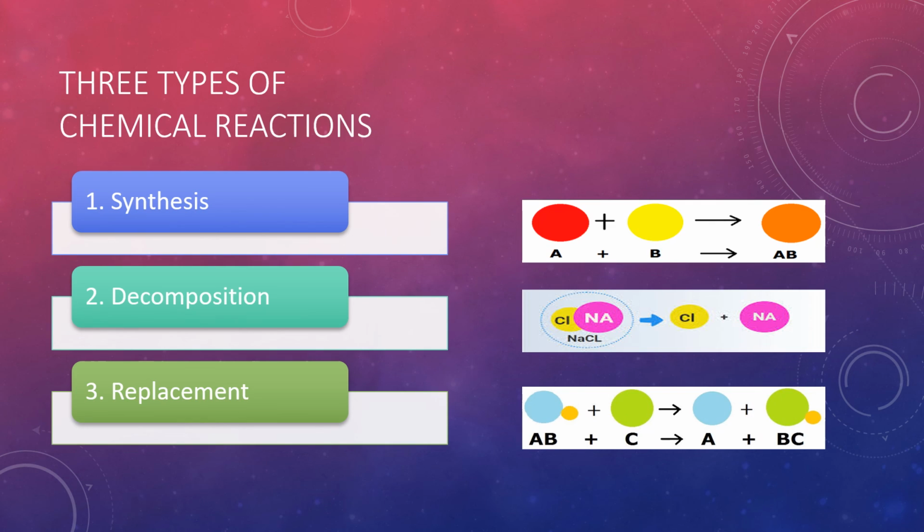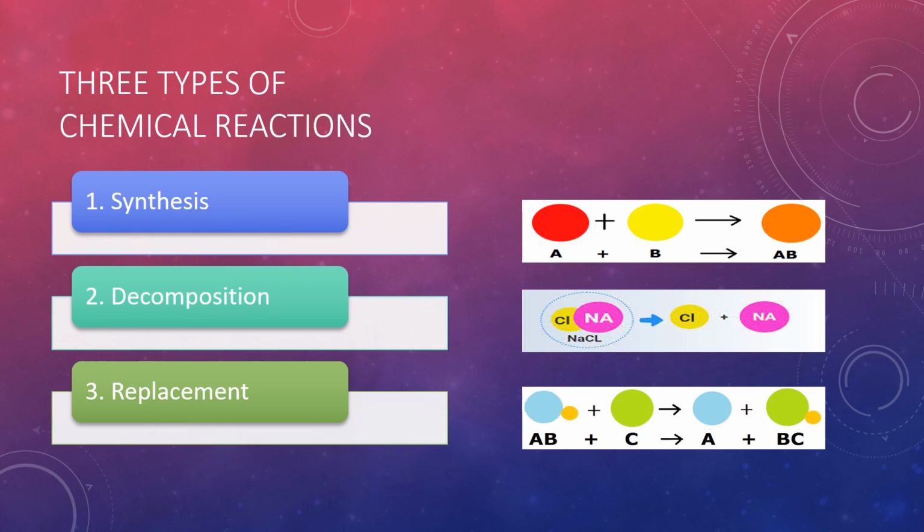And finally, we have three types of chemical reactions. These types of chemical reactions are synthesis, decomposition, and replacement. In a synthesis reaction, two or more elements or compounds combine to form a more complex substance.